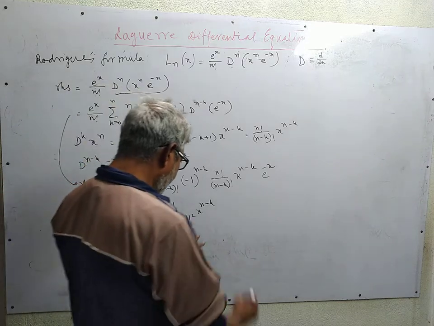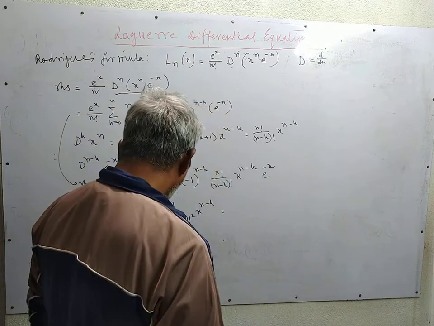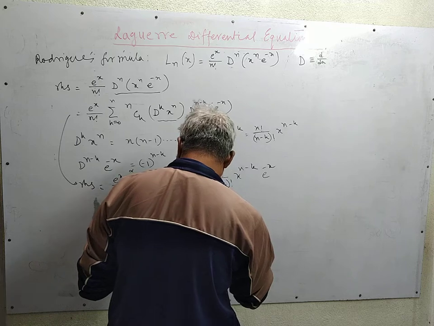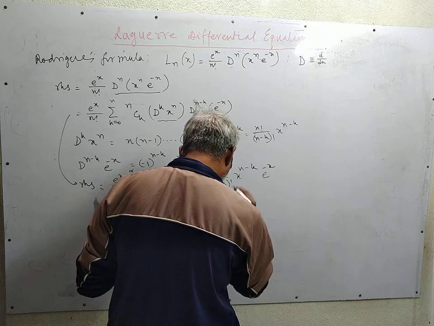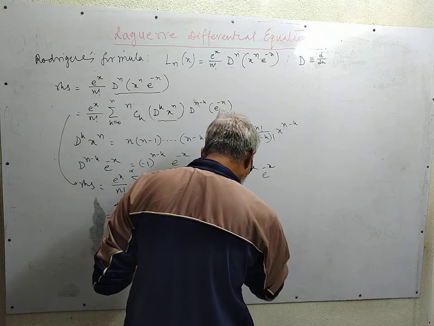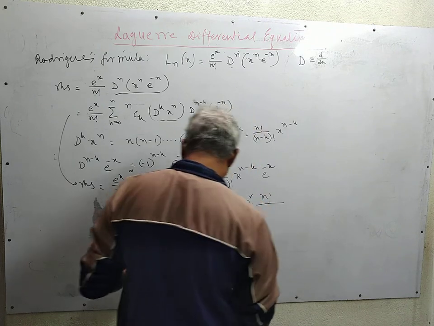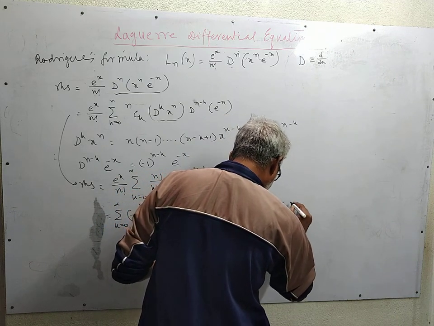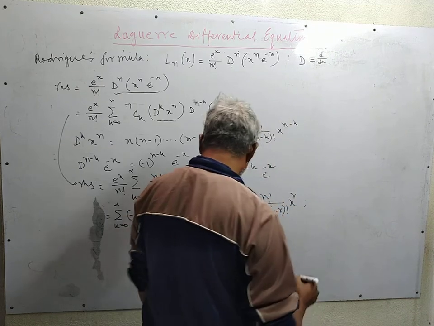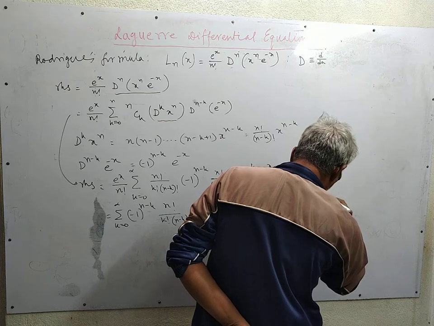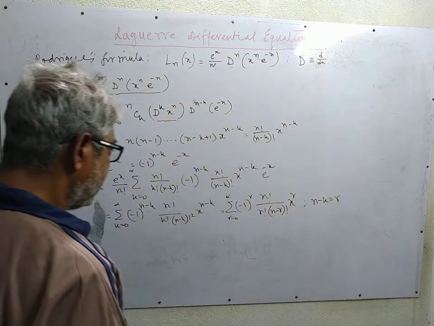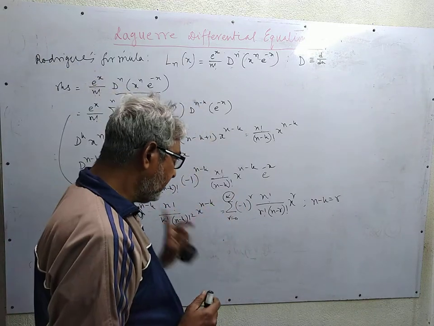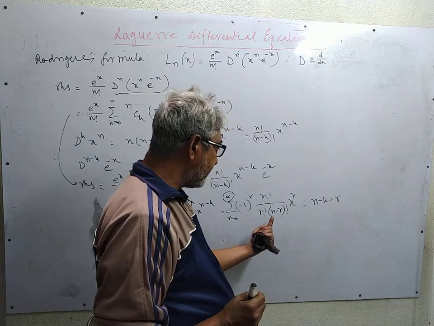We introduce a new dummy index r, which is n minus k, and we write summation over r, minus 1 to the power r, n factorial by r factorial squared times n minus r factorial, x^r. Here the sum up to infinity is restricted because for a given n we can vary r from 0 to n.